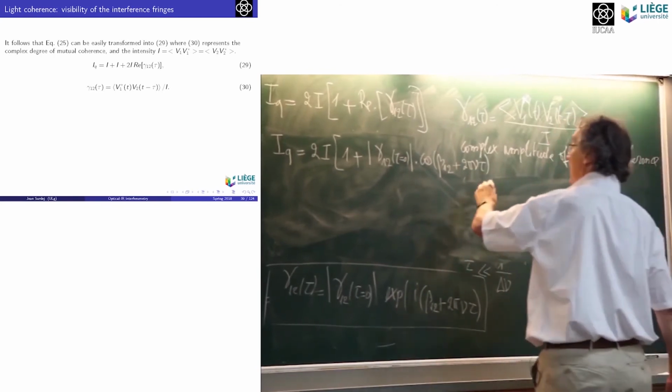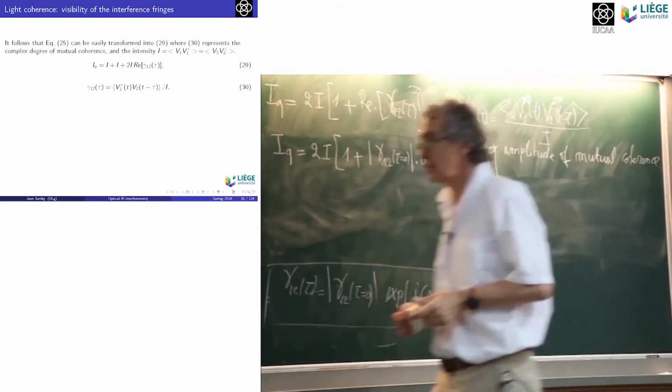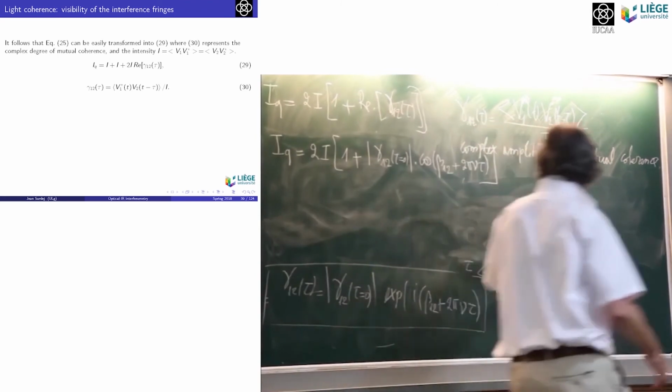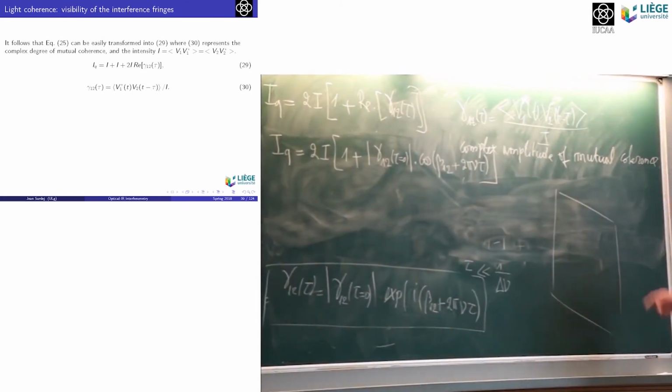And I will close the bracket here. So this is the expression. Don't mind the difference in sign here, it's of no importance. It means that on my distant screen, what shall I see?